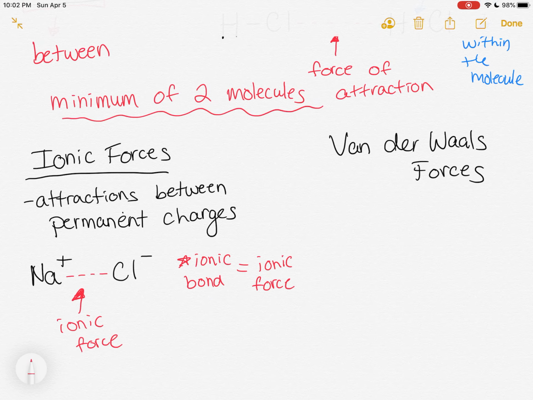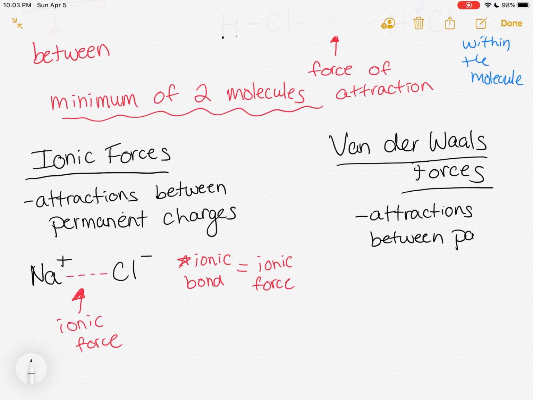All right, now the difference between ionic forces and our van der Waals forces. If you look back at our van der Waals forces, they are attractions between partial charges. In ionic forces, those attractions are happening between positive charges and negative charges.